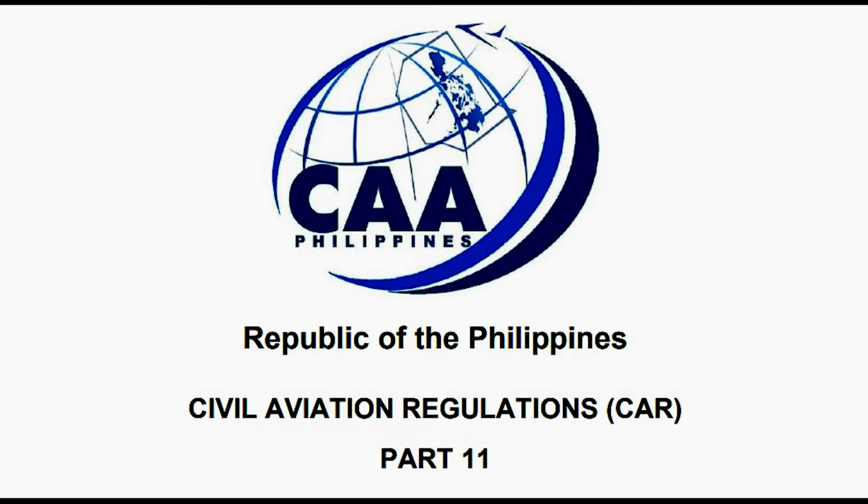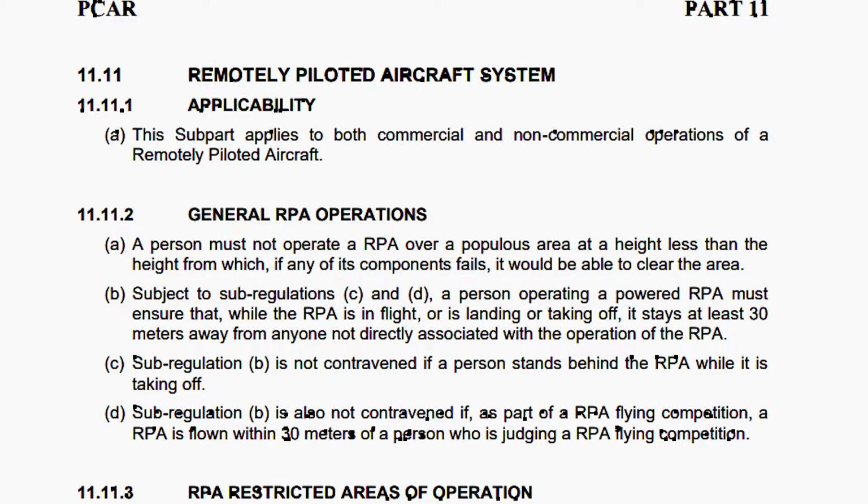What are the rules for drone pilots? The first one is general RPA operations. In the general RPA operations, they have clearly mentioned 30 meters. You should fly 30 meters away from people. For example, this is your drone. I think the drone is visible.